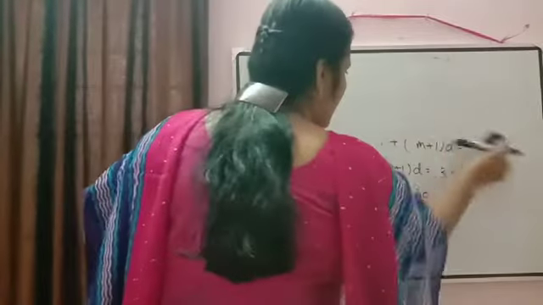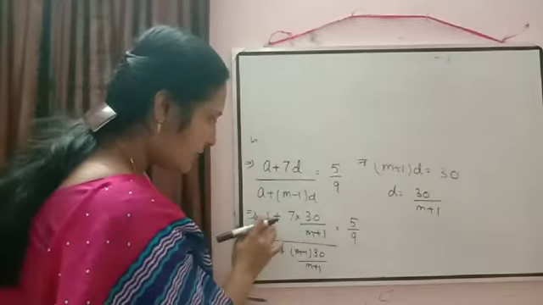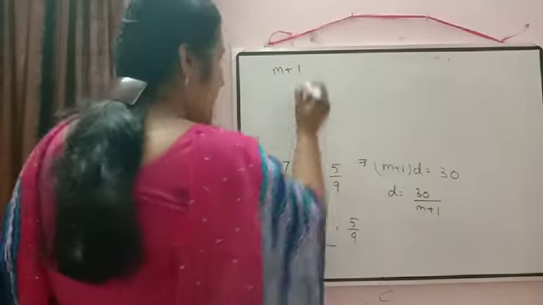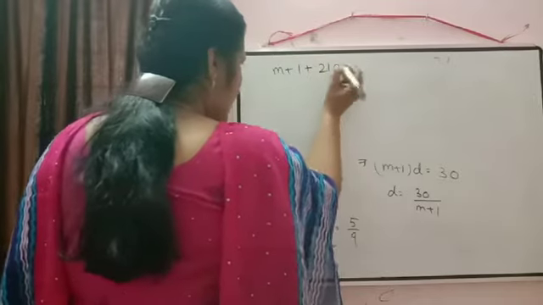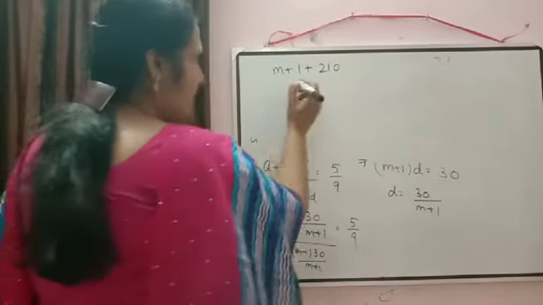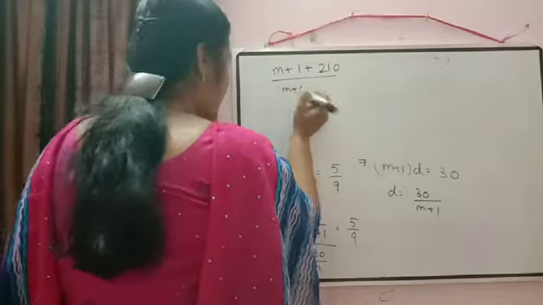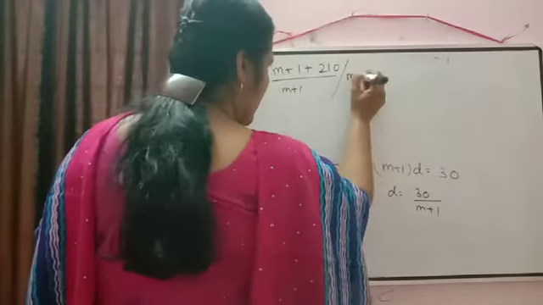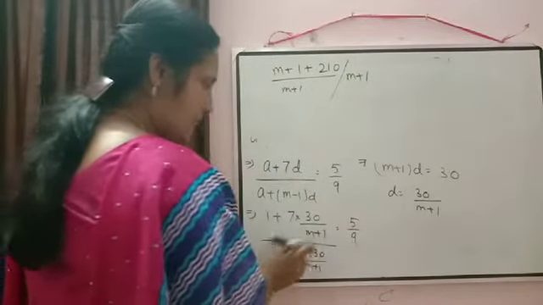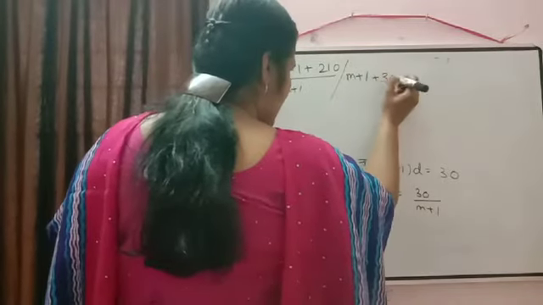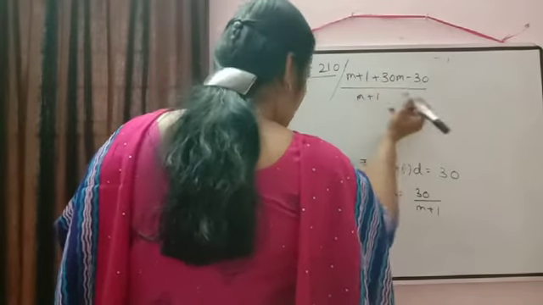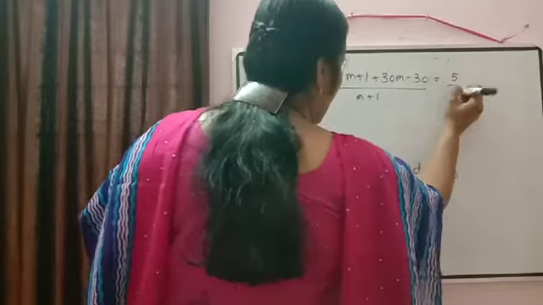Now we can simplify it. Here we will do the cross multiplication, then it will be equal to (m plus 1) plus 7 3s are 21, so 210 by (m plus 1), whole divided by, here also cross multiplication, (m plus 1) plus 30 will get multiplied inside, 30m minus 30 by (m plus 1) is equal to 5 by 9.